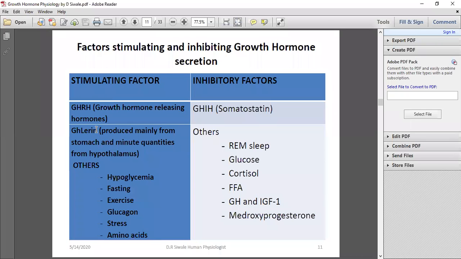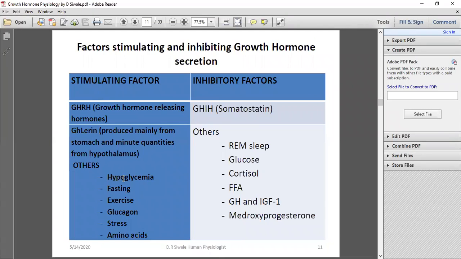But there's an opposite to ghrelin. It's called leptin. I haven't shown it here. Leptin is when you have eaten and you are satisfied. There's a hormone released called leptin. It's a hormone of satiety.